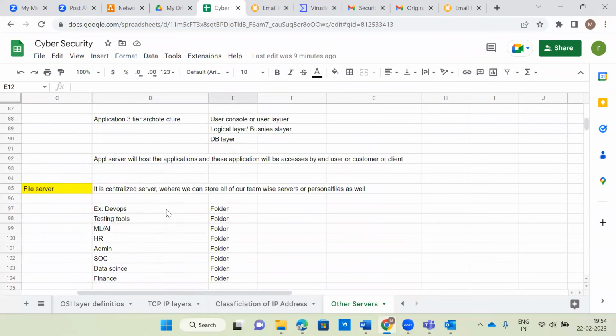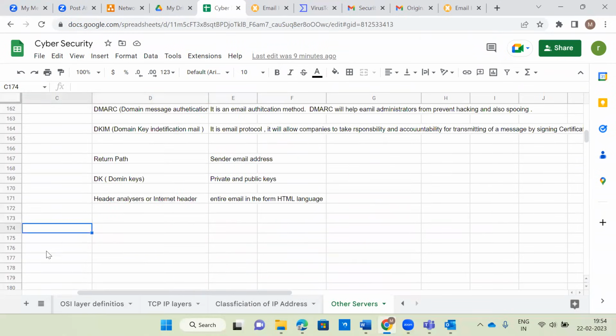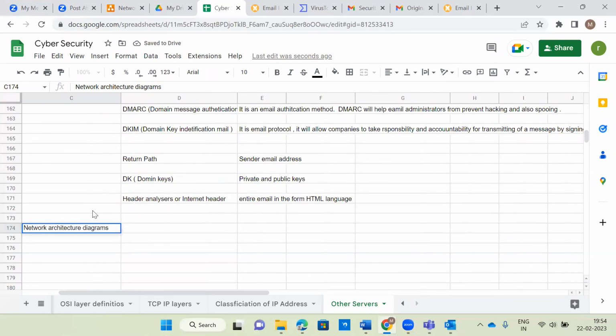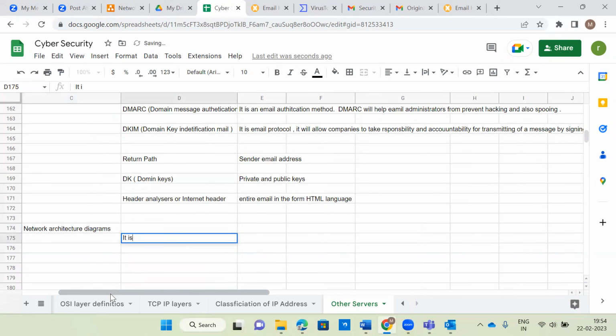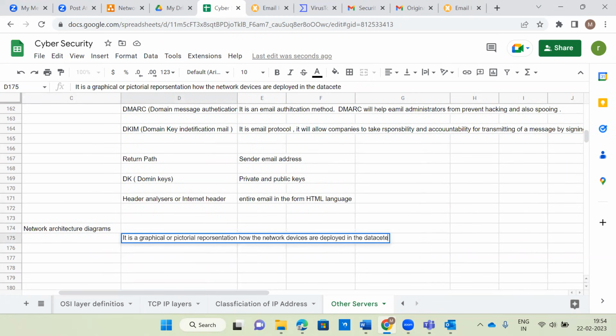I will write here itself under other servers: network architecture diagrams, because otherwise I have to make so many sheets. It is a graphical or pictorial representation of how the network devices are deployed in the data center or in the cloud.